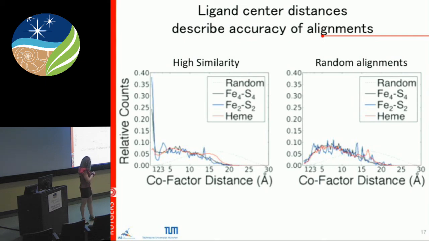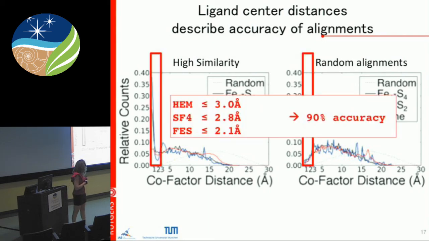On the other hand, if we took the proteins of high similarity, the ones with high functional similarity, we would see that there is this peak at the 1, 2, 3 cofactor distance, right? And we could then actually quantify being able to see functional similarity using cofactor distances, right? That was something we found quite interesting.